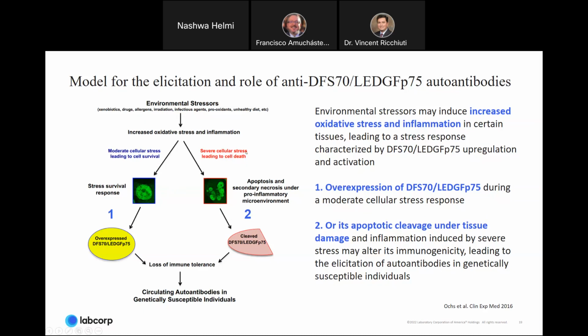On the other side, there is a more severe cellular stress leading to cell death, a little bit like in autoimmune disease, and apoptosis and secondary necrosis under a pro-inflammatory microenvironment, and that will lead to proteins being cleaved differently. Both of these pathways will lead to loss of immune tolerance and production of circulating antibodies in genetically susceptible individuals. I say that because we show that DFS70 has been associated with HLA DR, DQ, and DP in some patients.